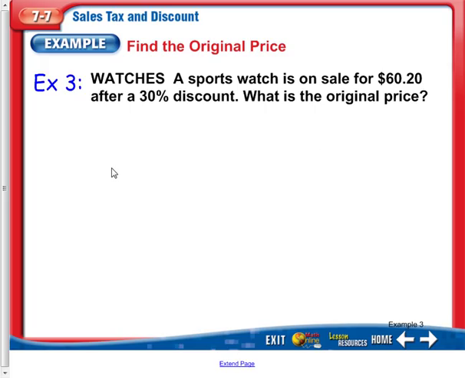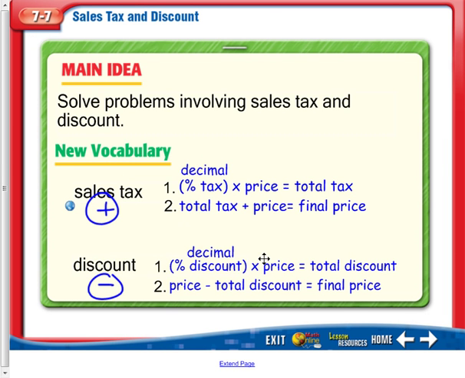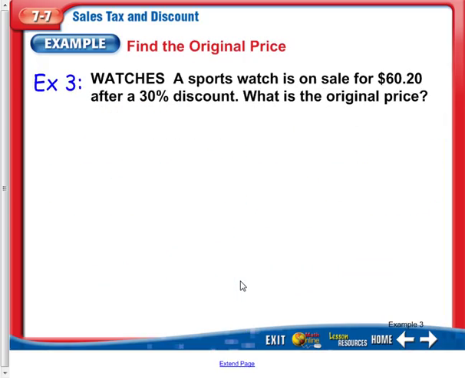Okay, so take a look at what we've done before. All right, let's look at this problem. So we actually know that this was a discount item. All right, we know the final price. Okay, what we want to know is the original price.